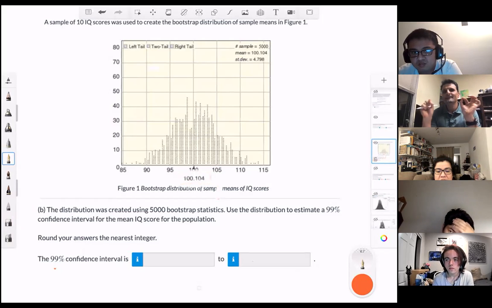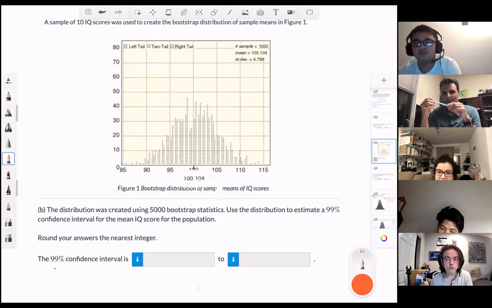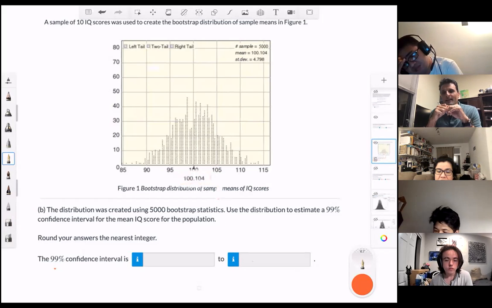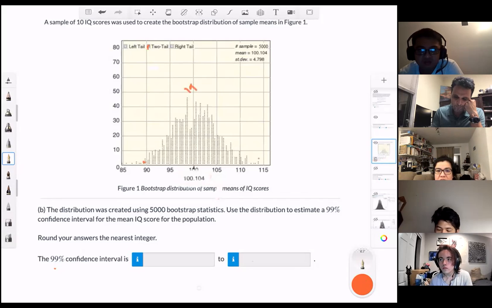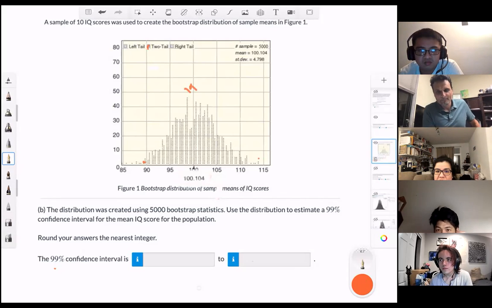I mean, the first sentence has like 10 words in it. Each word should make sense to you guys. Use the distribution to estimate a 99% confidence interval for the mean IQ score for the population. If we had active data, we would click on two-tail, we get 99%, and we get this. Done. But no, they didn't, they give us the plain one, so that doesn't work. But 99% confidence interval here.